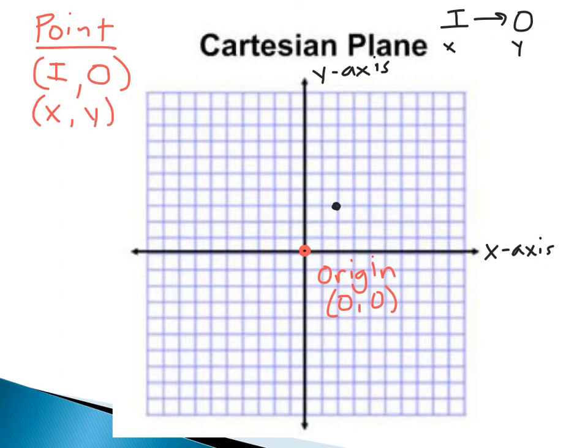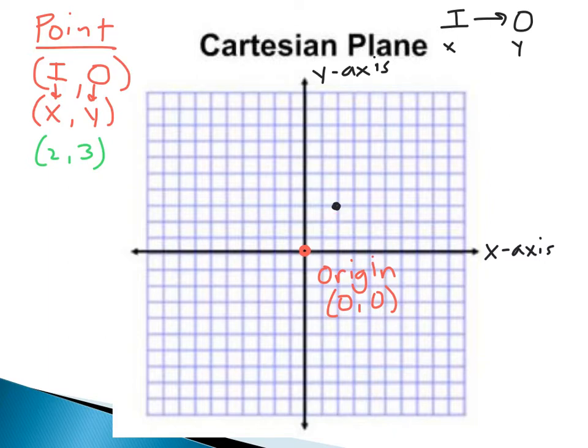Anytime I get a point, I start with my input, or my x, first, and then write my output second. So if I have this point of 2 over on the x and 3 up on the y, I would label this point as (2, 3). Those two values represent where exactly this point is.